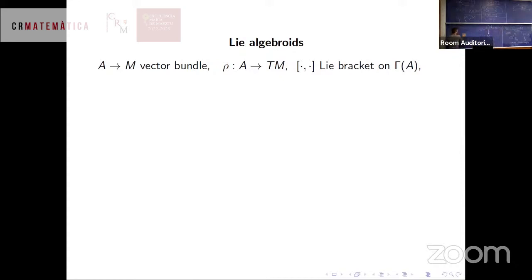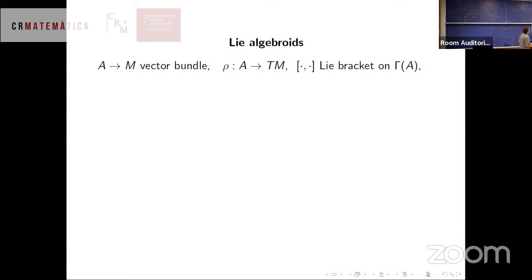And Lie algebroids have appeared already in, I think, all the other mini courses up to now. Sometimes explicitly, sometimes in disguise. Okay, so a Lie algebroid, I think the definition may have appeared already in Camille's lecture, maybe first lecture.